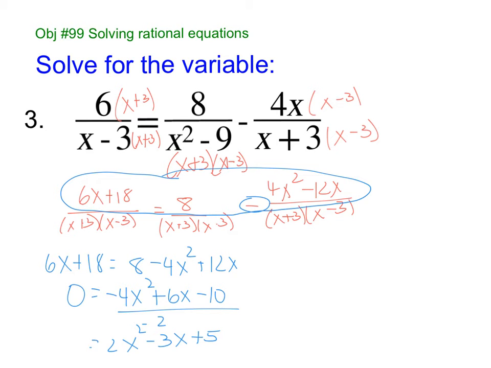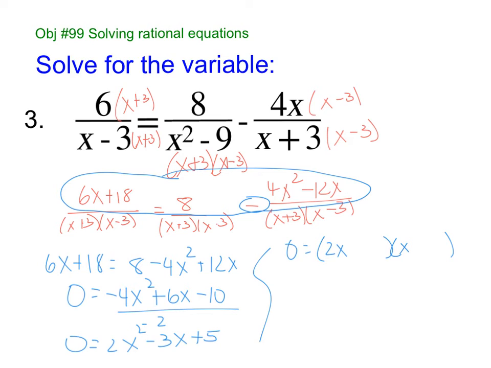Oh no. Did I make a mistake, or is it really that terrible? Is that factorable?